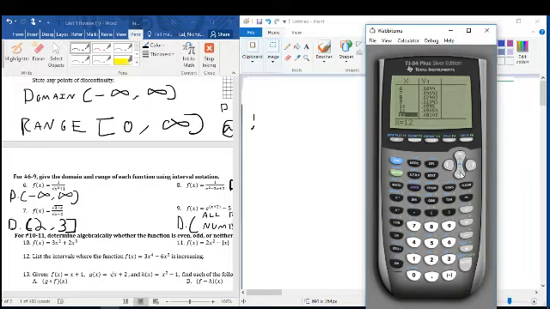So the range here is going to be from 0 not inclusive to 1 inclusive. And I got that intuitively from the calculator just looking at it.